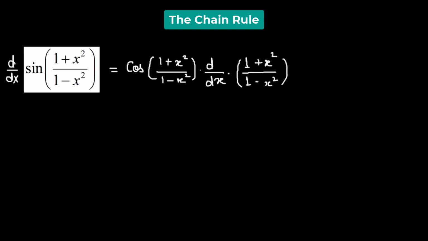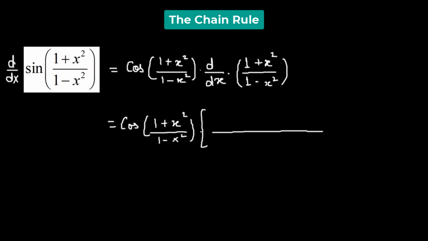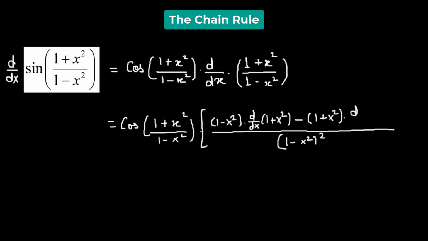So now we're going to use the quotient rule to find the derivative. So we have cosine of 1 plus x squared divided by 1 minus x squared, multiplied to, and we have 1 minus x squared whole squared in the denominator, and in the numerator we start with 1 minus x squared multiplied to the derivative of 1 plus x squared, which is the function in the numerator, minus the function in the numerator times the derivative of the function in the denominator, which is 1 minus x squared.